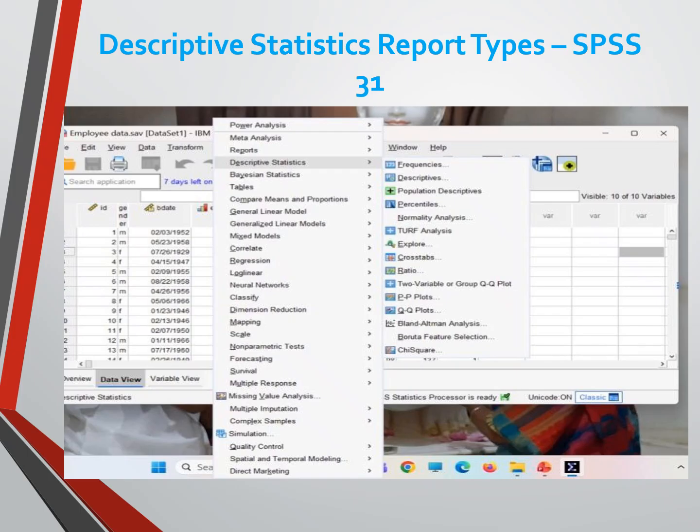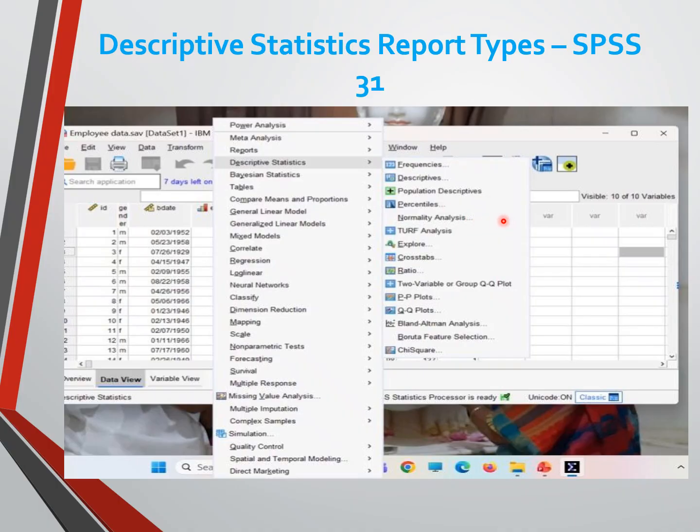Now, how have these reports been generated? You can go to SPSS 31 and go to Analyze. Once you click on Analyze, you get the third option, descriptive statistics. In descriptive statistics, you have frequency, descriptive, population descriptive, percentile, and normality analysis.